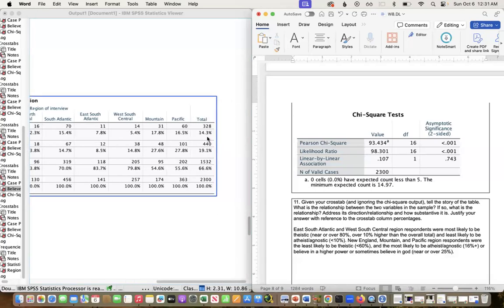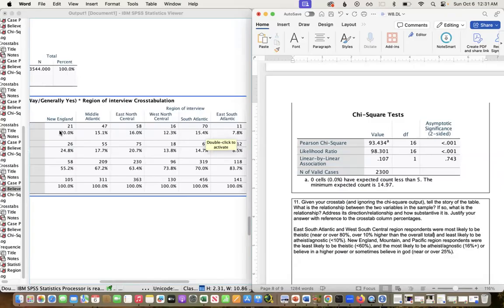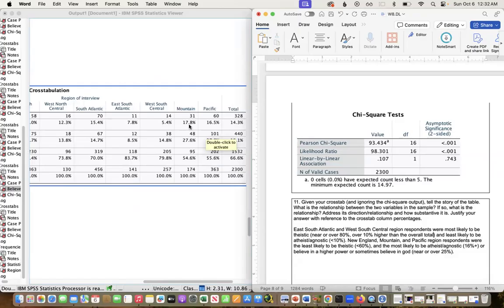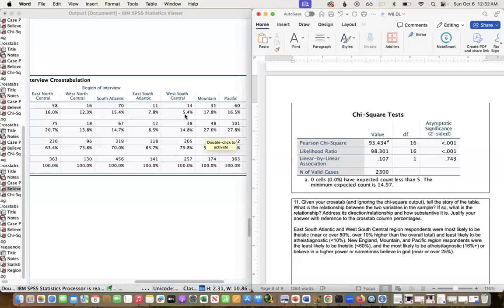And this less than 10% is least likely to be atheist agnostic. That's not that different than them, but it's pretty different than this group. We can see this right here's where you might say that okay, 5.4% to 10.8%, which we don't have one exactly at that, but it's not that huge of a percent difference. But it would actually mean that the other group is double as likely than this group to be atheist or agnostic.